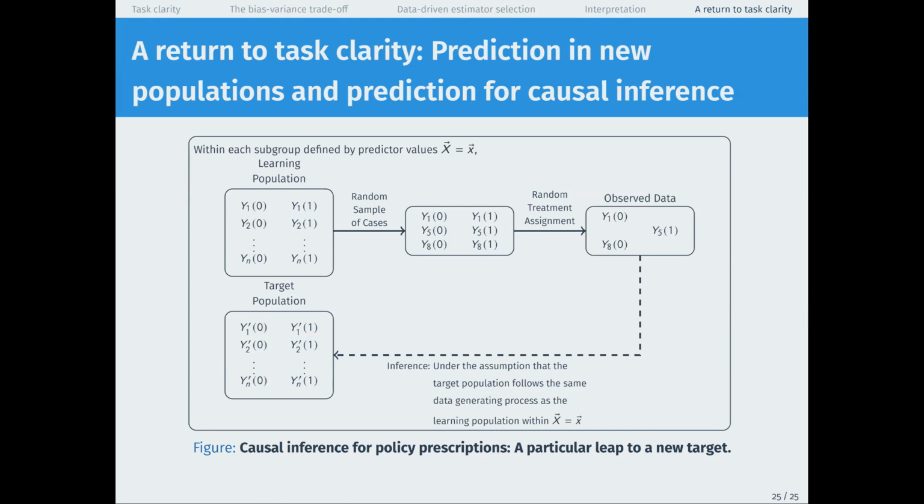And so I think this is a great space for the combination of machine learning and social science, because we have tons of questions that really involve shifts to new target populations and also shifts in treatment assignments. And we really need social science expertise to think carefully about those kinds of tasks so that we can realize what sort of assumptions are reasonable. And then given those assumptions, we can use machine learning methods to make predictions and answer the questions about the tasks that we really want to accomplish.